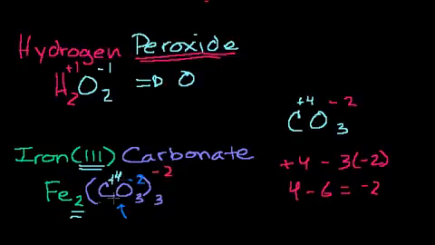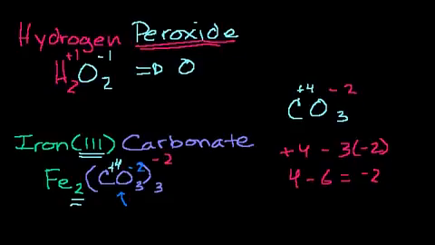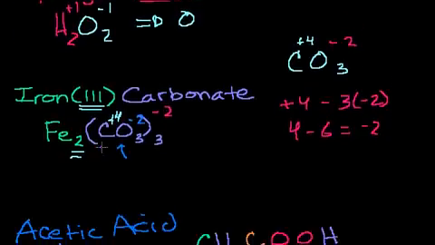Now, if the entire carbonate molecule is -2, look at its contribution to the oxidation state of the whole molecule. We have 3 carbonate ions. Each of them is contributing -2, so I have a -6 contribution.